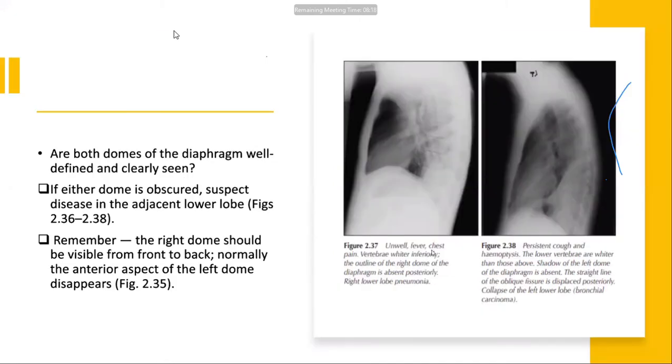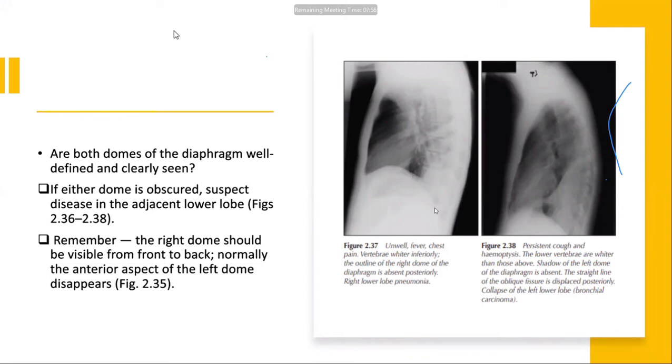Here also, if either dome is obscured, suspect disease in the adjacent lower lobe. You can see in 2.37 here, the patient presented with unwellness, fever, and chest pain, vertebra white inferiorly, and you can see the outline of the right dome of the diaphragm is absent posteriorly, right lower lobe pneumonia.